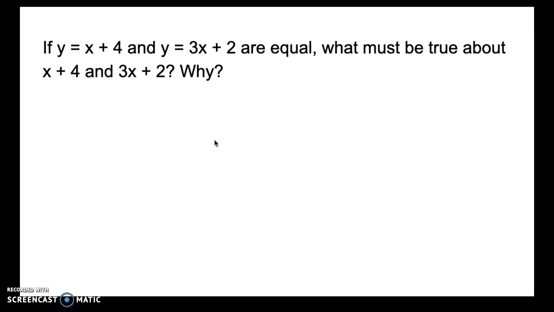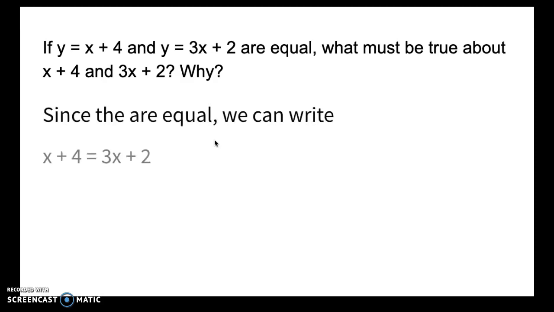Okay, so here's an example. Let's say we have these two linear equations, y equals x plus 4 and y equals 3x plus 2. If they're equal, what must be true about x plus 4 and 3x plus 2? Well, we can write them as x plus 4 equals 3x plus 2.